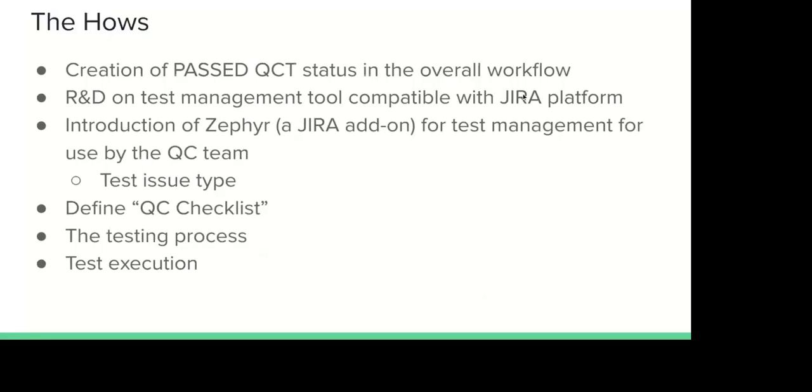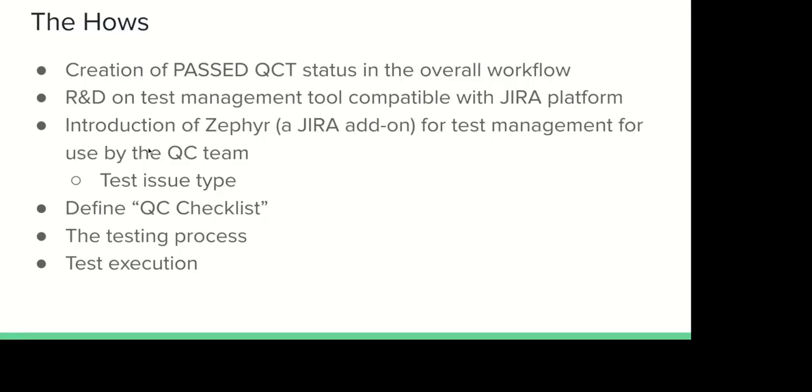Currently there is no test management tool being used by B4R. And then come February, we decided to introduce Zephyr. It's a Jira add-on for test management that is compatible with Jira, the one used by the development team for their development issues management.